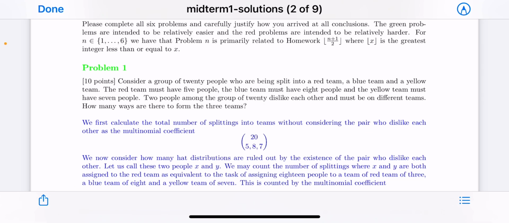This is what the multinomial coefficient 20 choose 5, 8, 7 is designed to count.